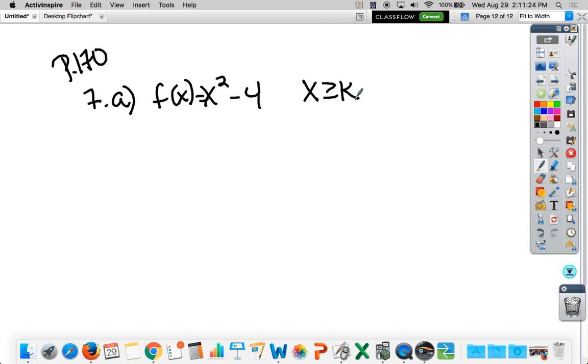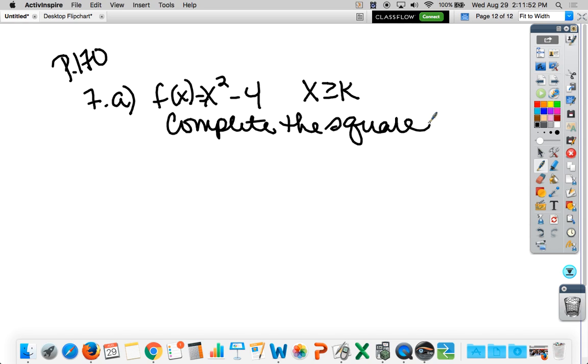But how else could we get there? What do I always need to do to find the vertex of a quadratic? Do a what? Another word for factor, because that's not exactly the most specific term. Okay? So, if I want to find the vertex form of a quadratic, I have to complete the square.